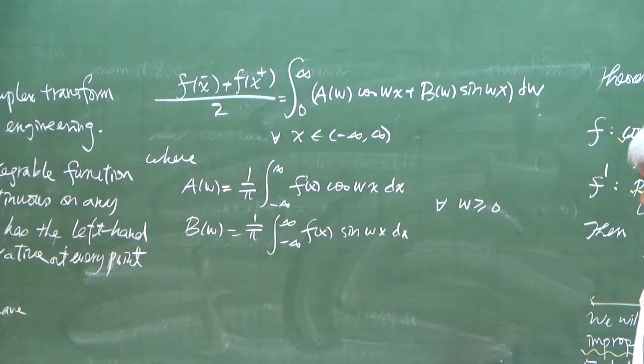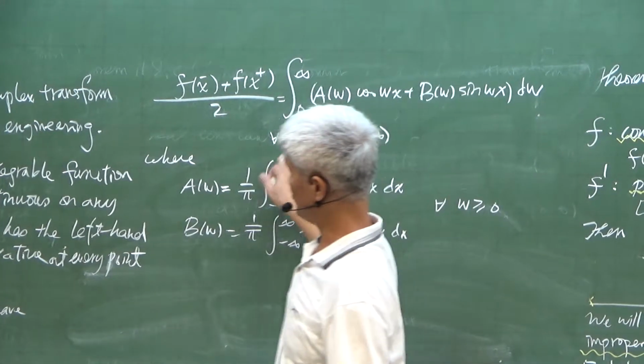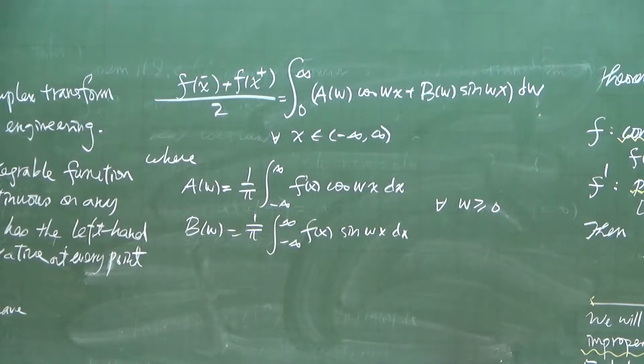In general, it is true for any function f which is absolutely integrable on the real line, which is piecewise continuous on any finite subinterval of the whole real line, and f has the left-hand derivative and the right-hand derivative at every point.